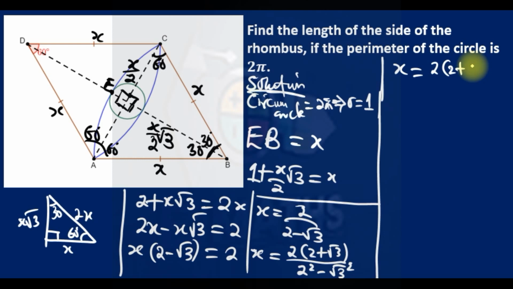So that's the value of x. And we're asked to find the length of the side, which is that. So that's our answer, 4 plus 2 root 3.